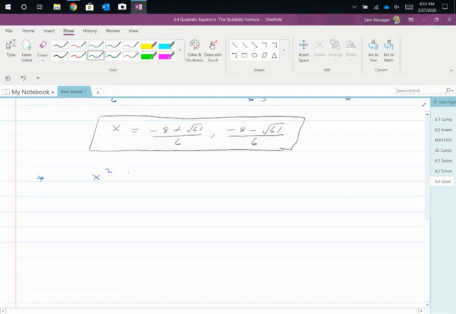X squared plus 6x minus 20 is equal to 0. So again, start by identifying what a is, what b is, and what c is.